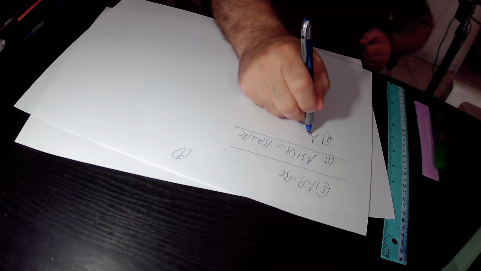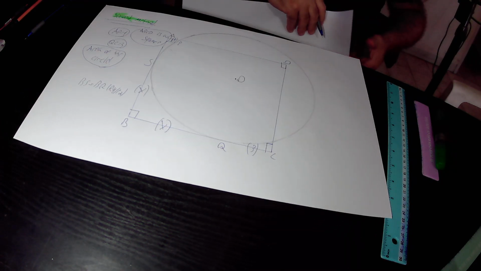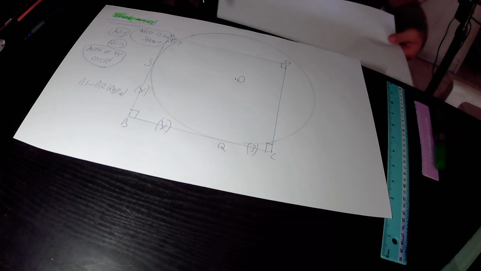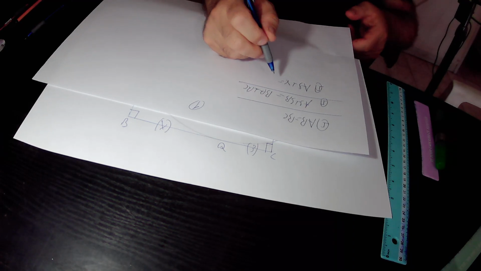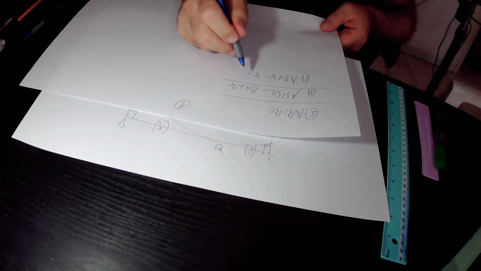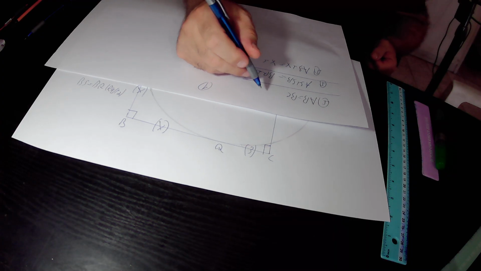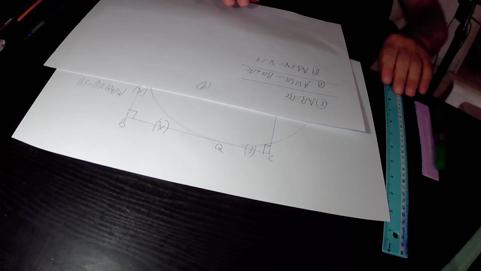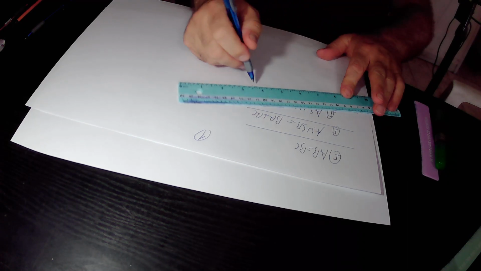AS is the missing side, so we leave it as it is, plus SB. SB equals X, and it equals BQ. BQ also equals X plus QC. QC equals 3 units in length, according to what is given in the question. So according to equation 1, AS plus X equals X plus 3.